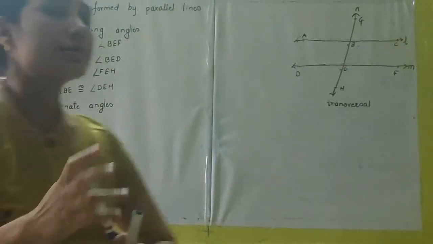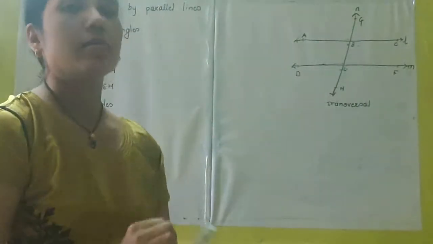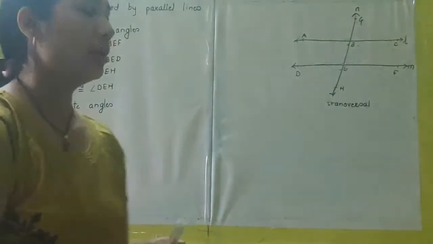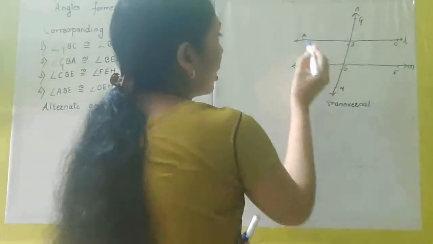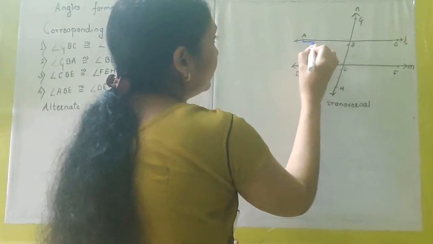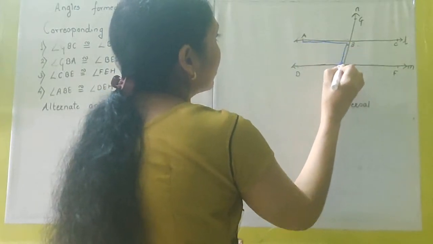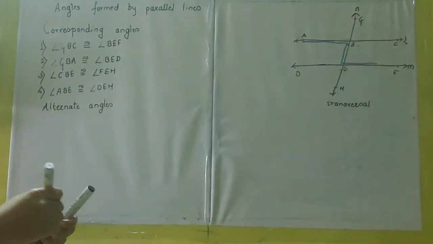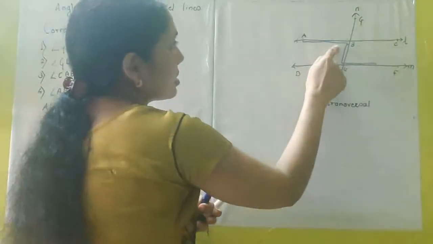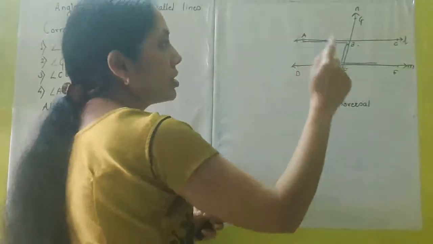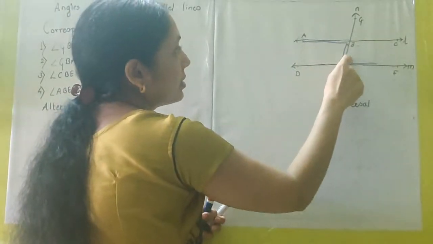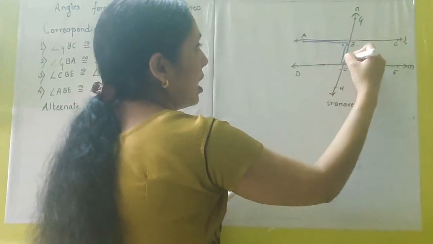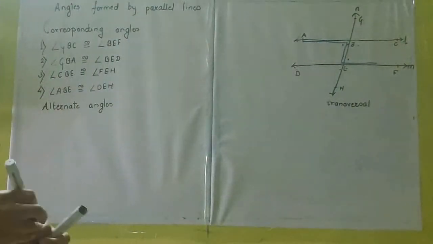If I want to show alternate angles, I would say just look where you can form a Z. Let's take for example, I'm drawing a Z over here. Can you see the Z? So the angles at the corners of the Z, this angle and this angle form alternate angles. This angle and this angle form alternate angles.